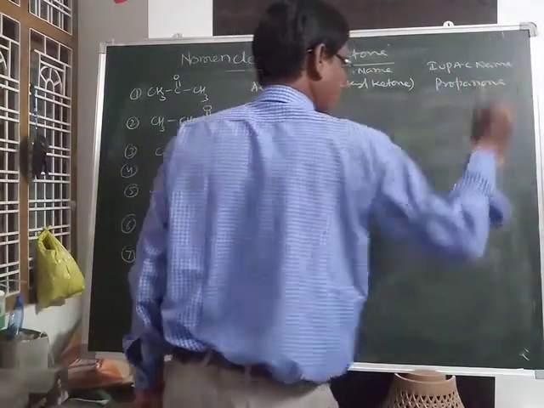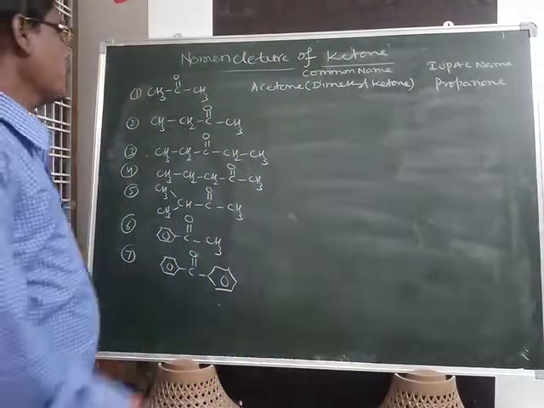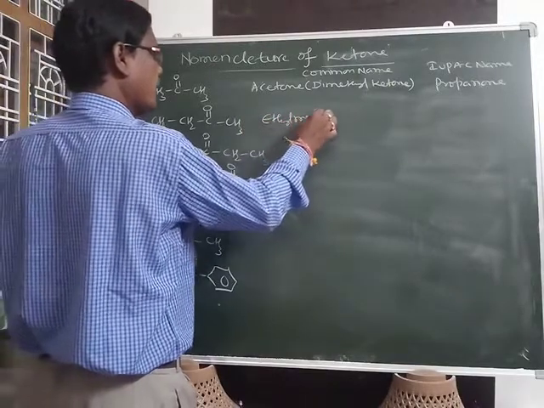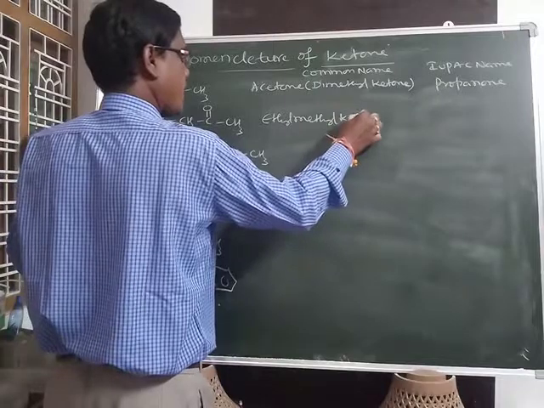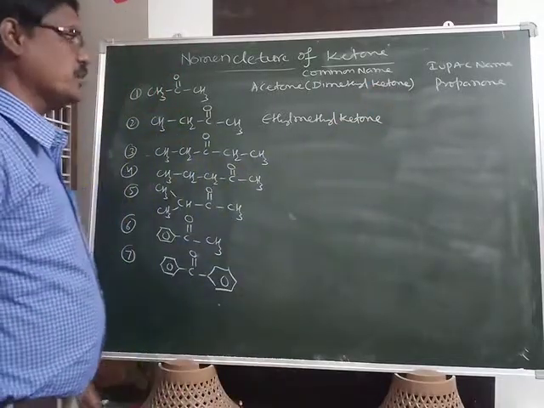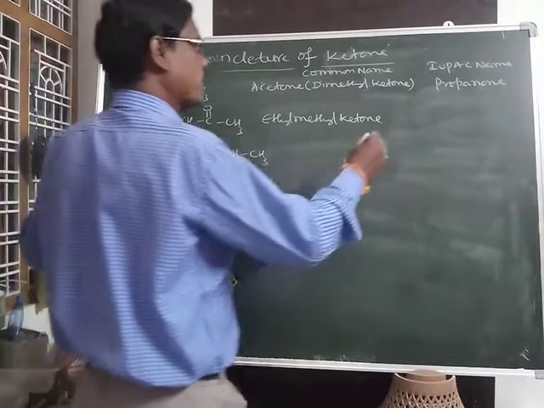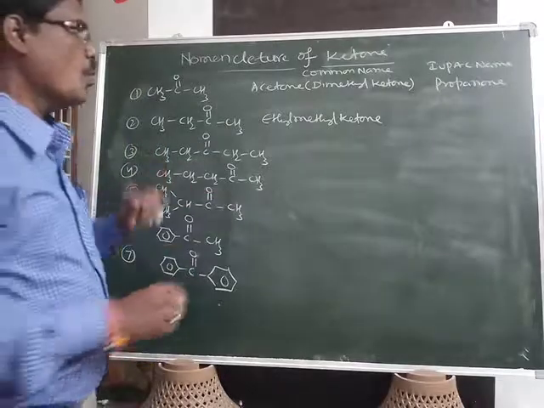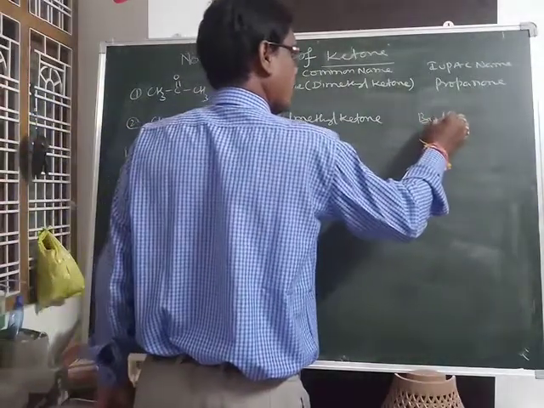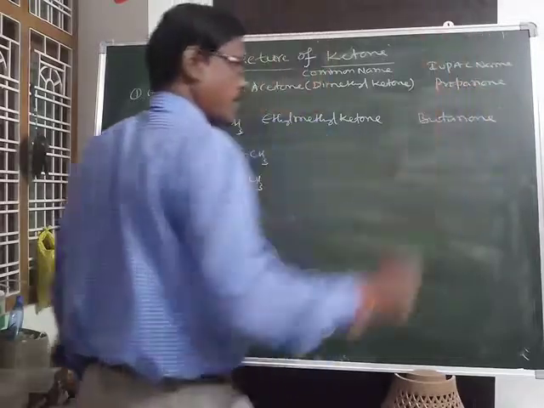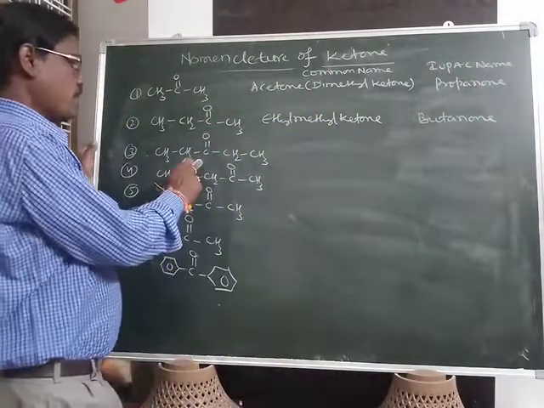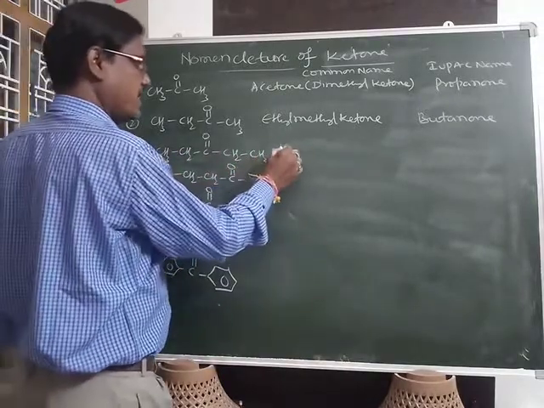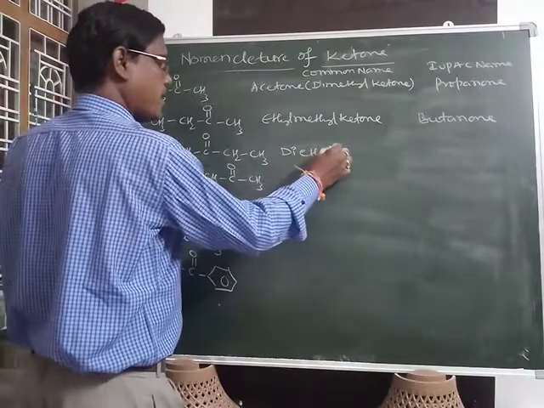Next, ethyl methyl ketone. Based on this, the IUPAC name, totally 4 carbons, but plus ane plus one, butanone. Next one: here the ethyls are 2, that's why diethyl ketone.